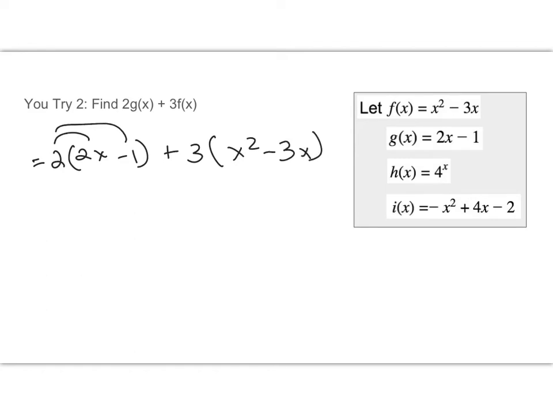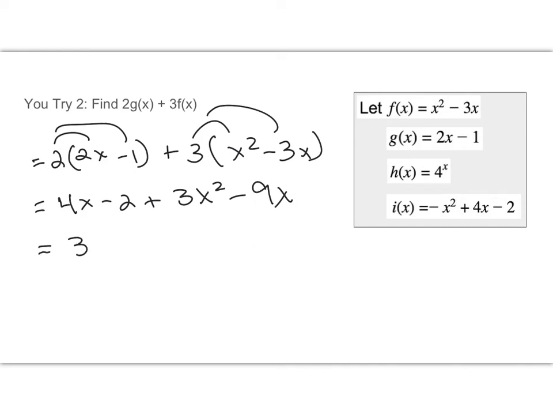Distribute first. Still have to follow the order of operations, and that gives me 4x minus 2 plus, distribute this, 3x squared minus 9x. And combining my like terms, I end up with 3x squared. 4 minus 9 would be negative 5x minus 2.